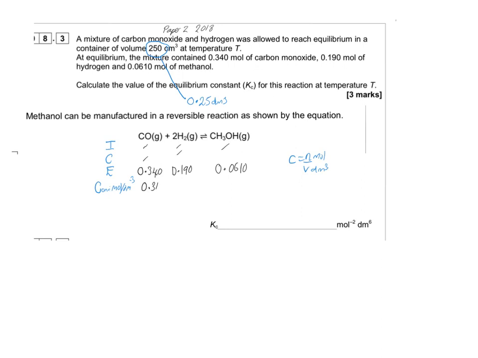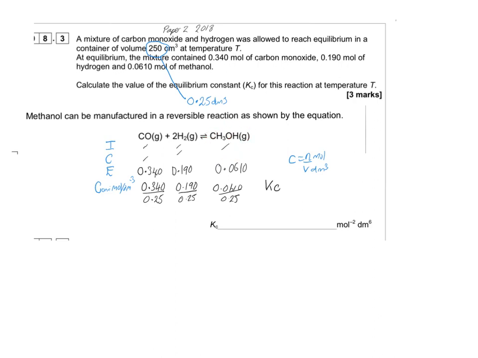I'm not going to dive for my calculator just yet, so that's 0.340 divided by 0.25 dm cubed, 0.190 divided by 0.25 dm cubed, and 0.016610 divided by 0.25.